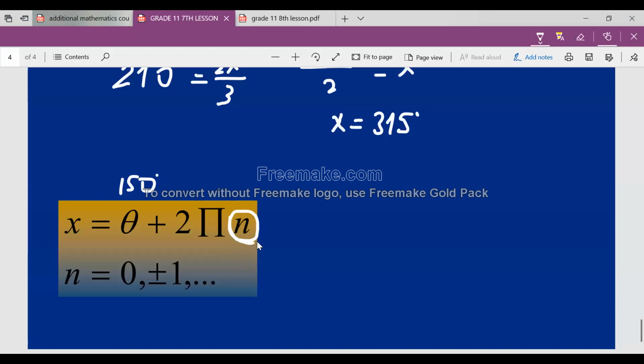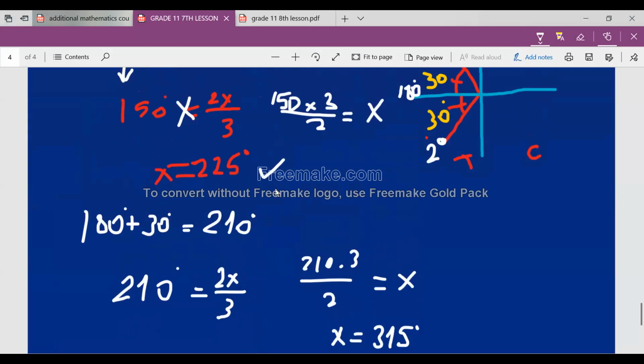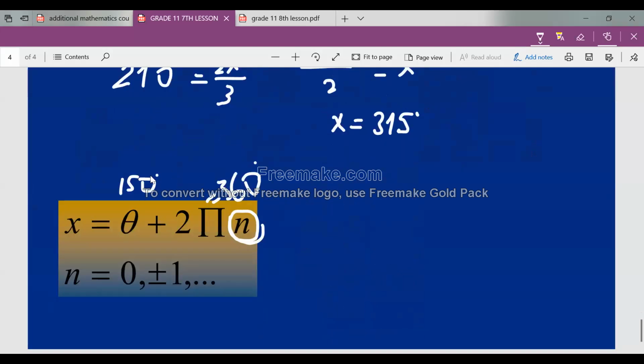In this formula, for n I will use 0, 1, and so on. So when you add 2 pi, what is it? It's 360 degrees. According to our period of a function, we will add.